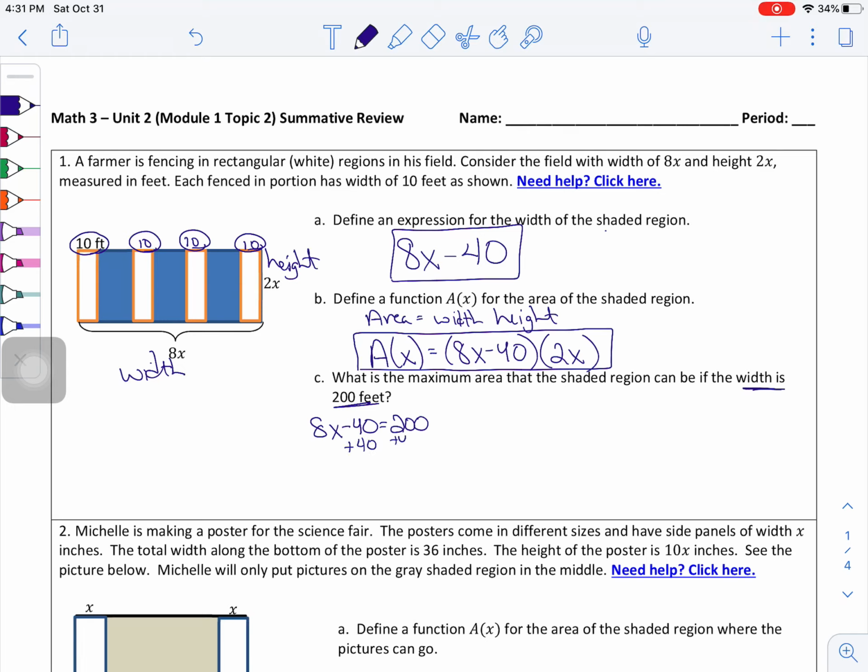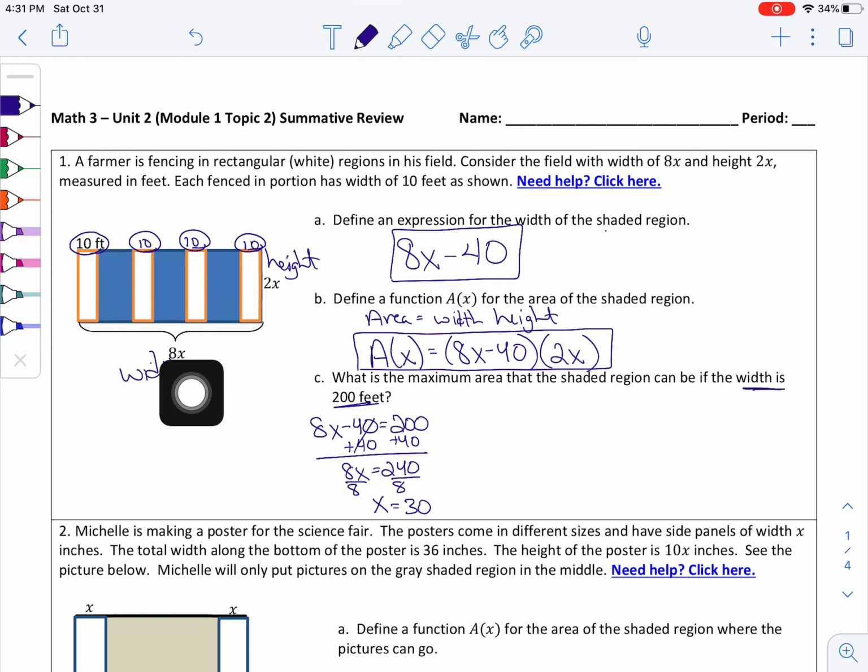I'm going to add 40 to both sides. So let's see, 8x is equal to 240. I'm going to divide both sides by 8, and I'm going to get x is equal to, I believe that's 30, but I'm going to grab a calculator just to make sure. Yep, it is 30.